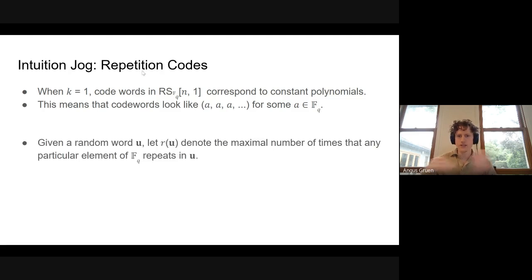In this special case, everything gets simpler. If we take a random word u, let's define the repetition R of u to be the maximum number of times that anything repeats. Then the distance from our random word u to our Reed-Solomon code is exactly n minus this repetition.